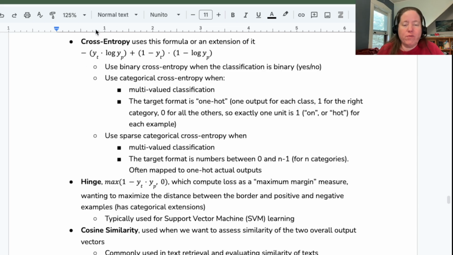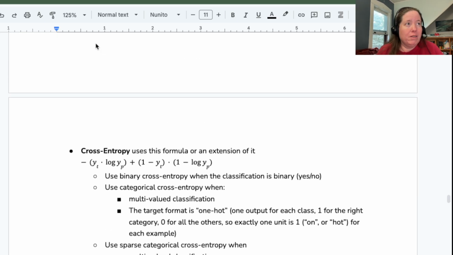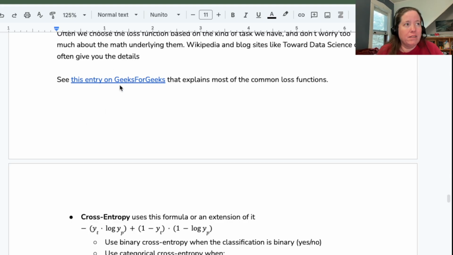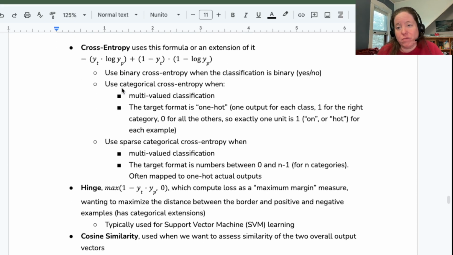And so we have this formula that combines them together. It's called cross entropy. You don't really need to know the details, but if you want to learn more, the details are discussed on this entry for Geeks and other websites. Honestly, I recommend Wikipedia because the Wikipedia articles on these things are extremely detailed and very technical.